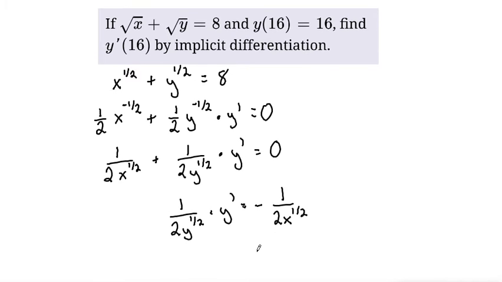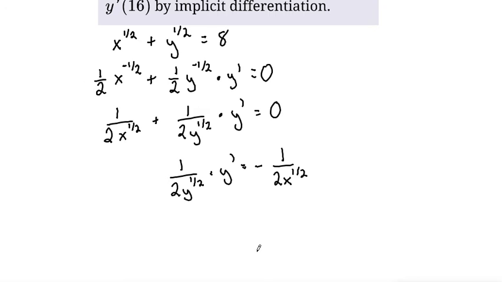And next, we can multiply both sides by the 2y to the power of 1/2, because that will cancel out here and leave us with just the y prime on the left-hand side.